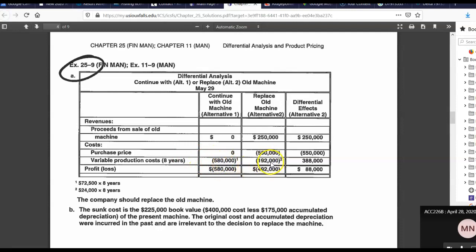And it's a different variable cost here for replacing the old machine or buying a new one. Then you've got proceeds from the sale, the purchase price. And in this case, interestingly enough, and this is where companies don't look at this right, we are $88,000 ahead by purchasing the new.